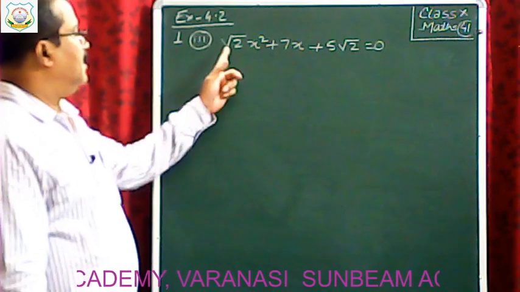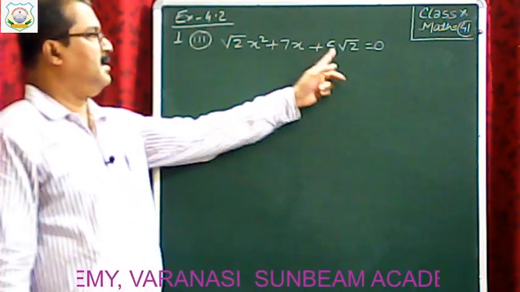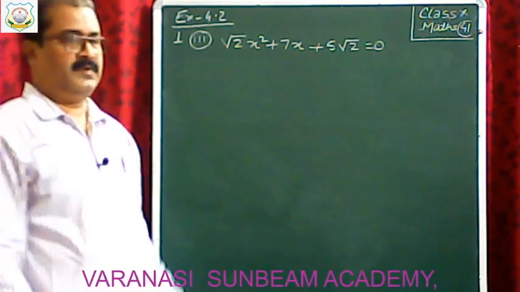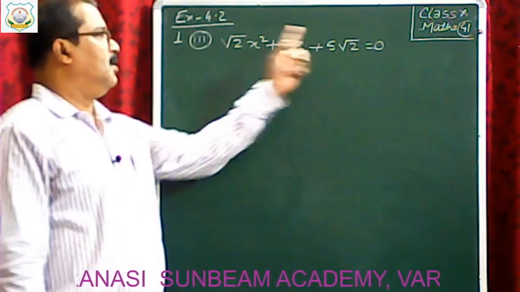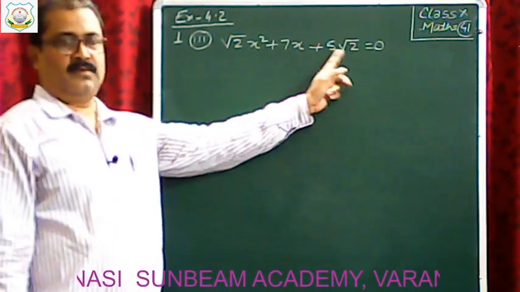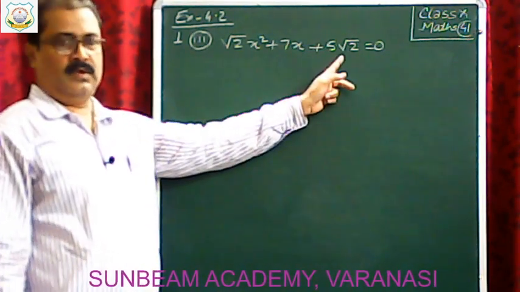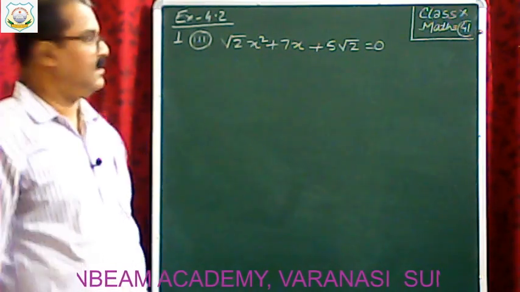Okay, a is square root 2, b means 7, c is 5 root 2. In case of splitting of the middle term, first of all you have to find the product of ac, square root 2 and 5 square root 2. So square root 2 into square root 2 is 2, 2 into 5, 10.